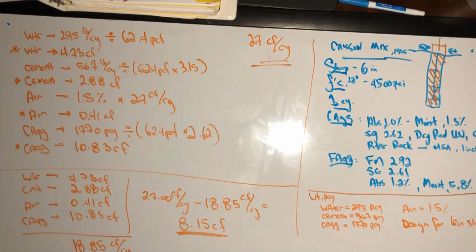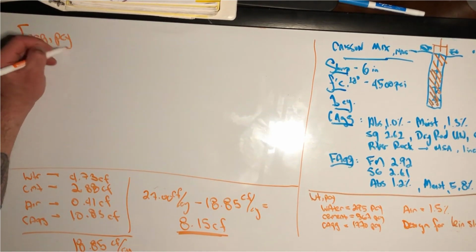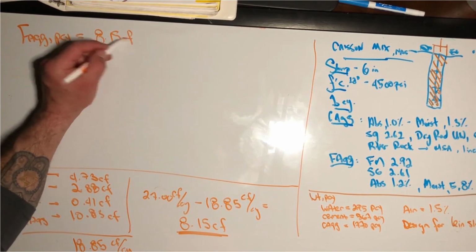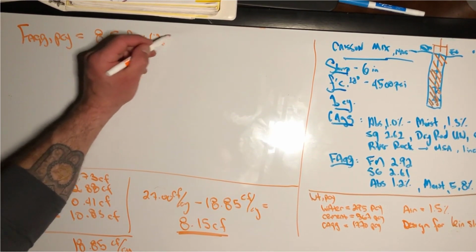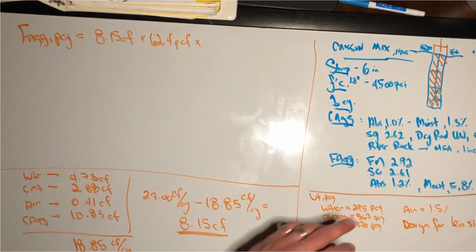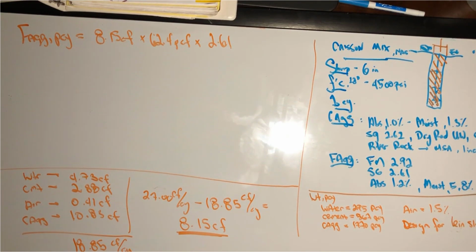So let me go ahead and do one more set of math problems here. So fine aggregate, and I need to find pounds per cubic yard, and I'm left with 8.15 cubic feet. I know my density of water, which is 62.4 pounds per cubic foot, and then they give us our specific gravity of our sand, which is 2.61.